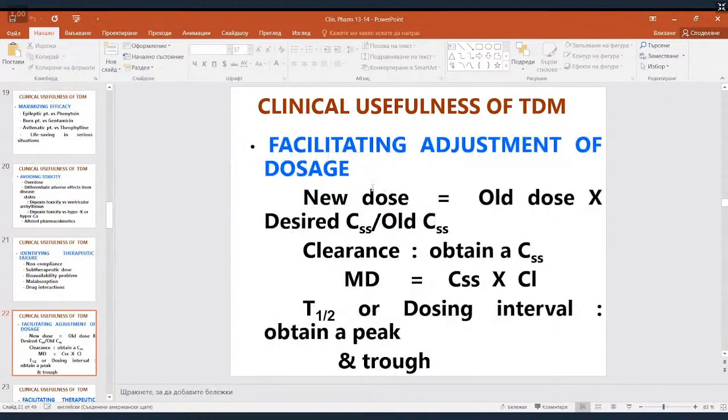This is how you actually calculate the new dose of the drug: you multiply the old dose by the desired steady state concentration divided by the old steady state concentration. So this is once you get the information about the concentration of the drug now and the concentration that you desire to get in the future. This is actually how you calculate it.